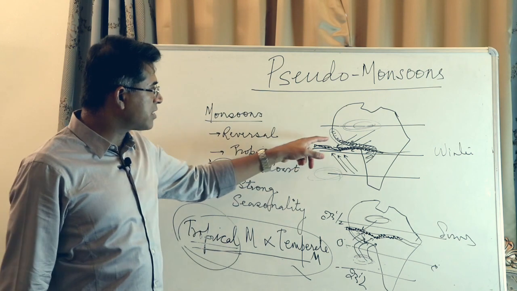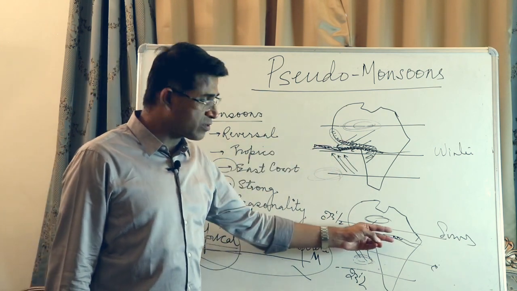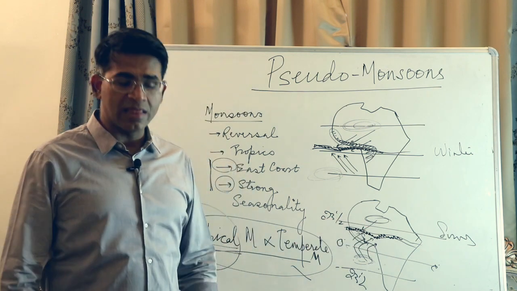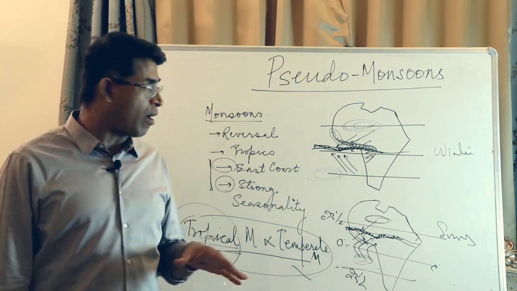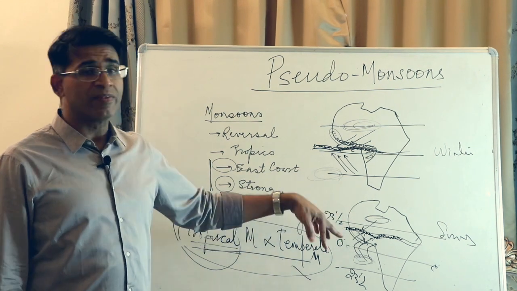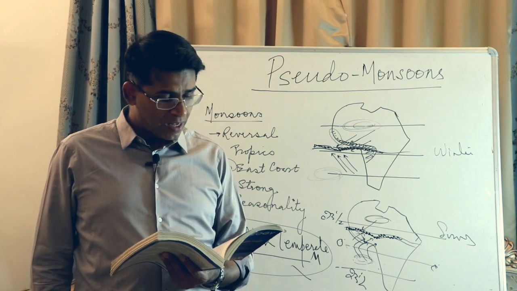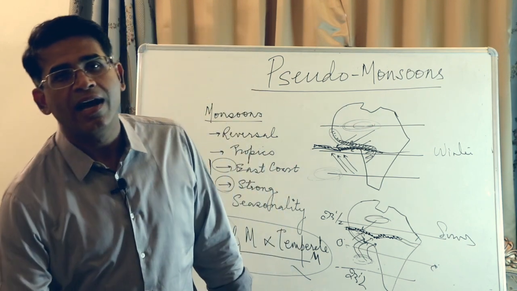So the rains here are not so much because of onshore winds, it's more because of the tropical and equatorial latitudes. So the monsoons in this region do not really contribute a significant amount of rain. That's why we said we do not have a strong seasonality because of these winds shifting and reversing. So that's more or less this discussion on pseudo monsoons.